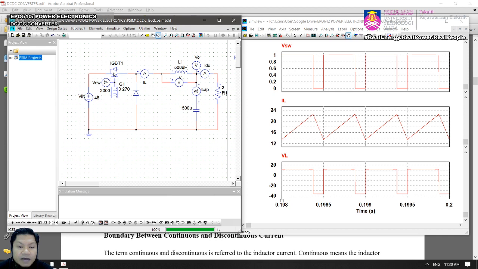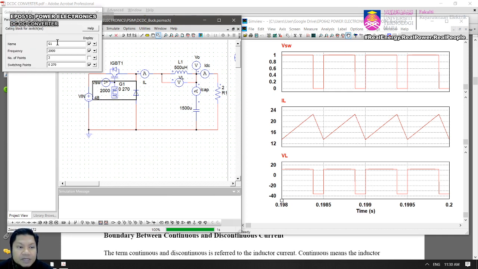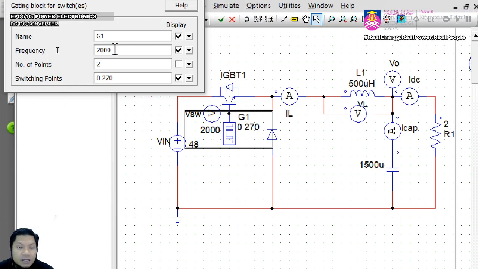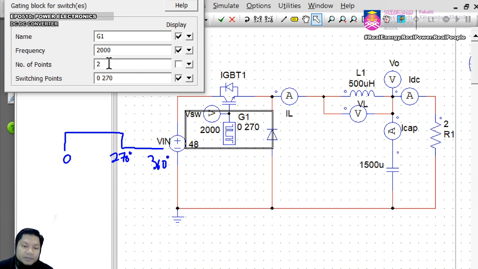One is that now you have an IGBT, and we're going to use this gating block. The frequency is 2000 hertz, and the number of points is 0, 270, so that you have 0 to 270 out of 360 degrees. So what does it mean?